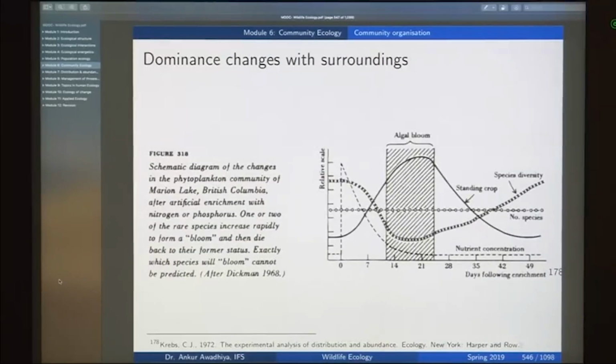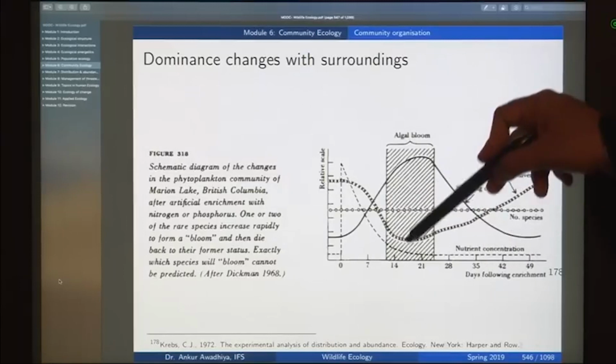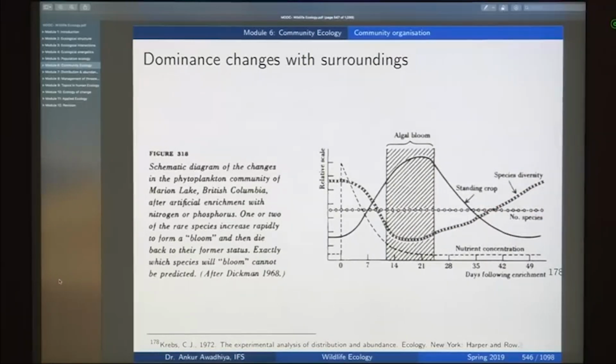Now, dominance changes with the surroundings. So, if you have nutrients that are put into a lake, that might result in an algal bloom. So, before this algal bloom you had a certain level of dominance, and because during this algal bloom a certain species has become predominant, the dominance status of the community changes.